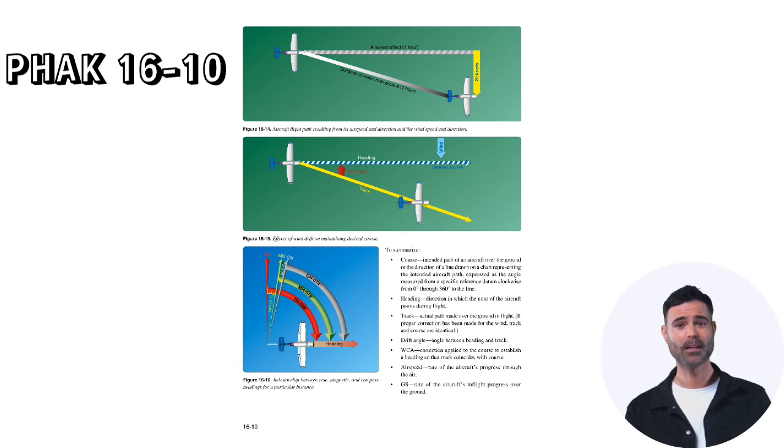Track, actual path made over the ground in flight. If proper correction has been made for the wind, track and course are identical. Drift, angle between heading and track. WCA, correction applied to the course to establish a heading so that track coincides with course. Airspeed, rate of the aircraft's progress through the air. GS, rate of the aircraft's in-flight progress over the ground.